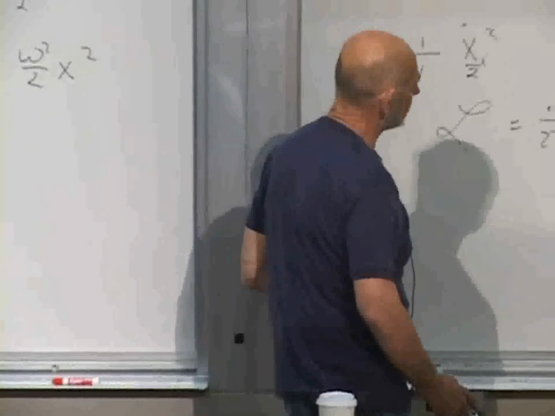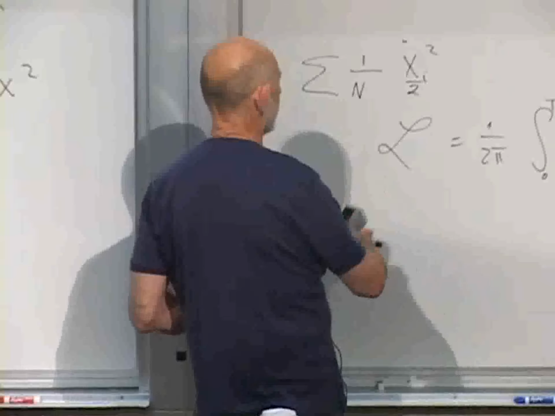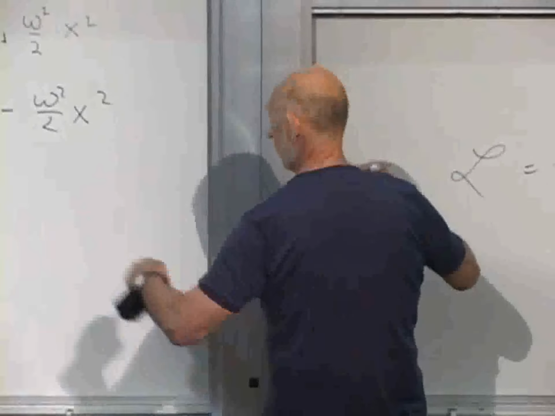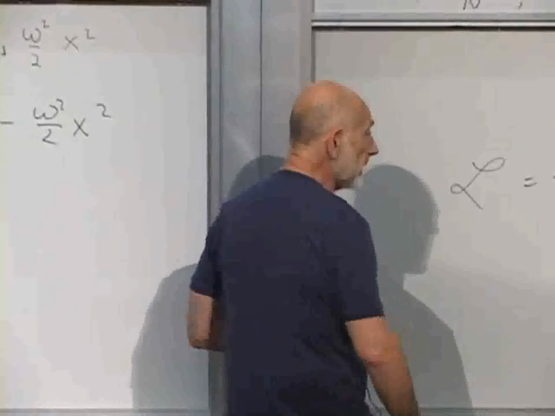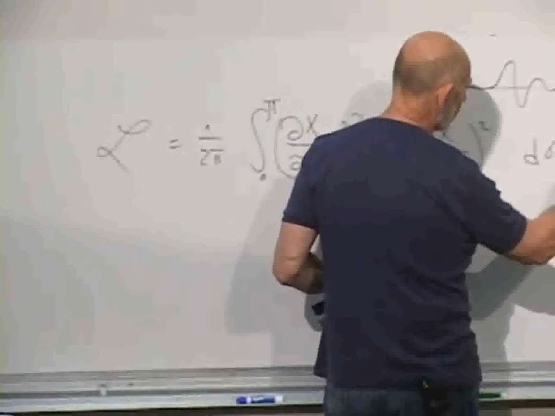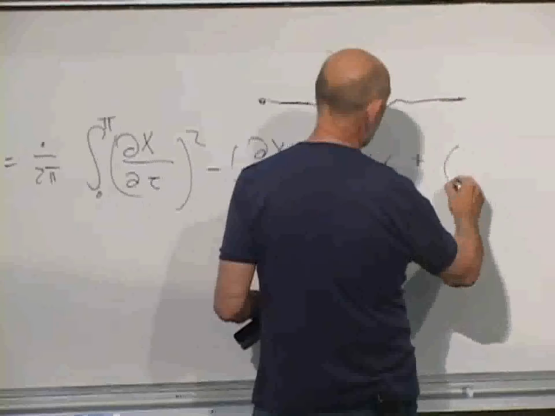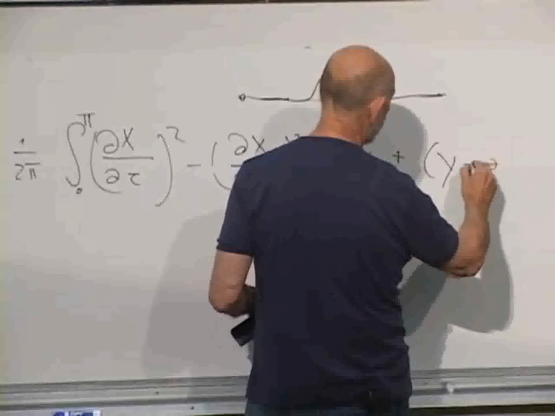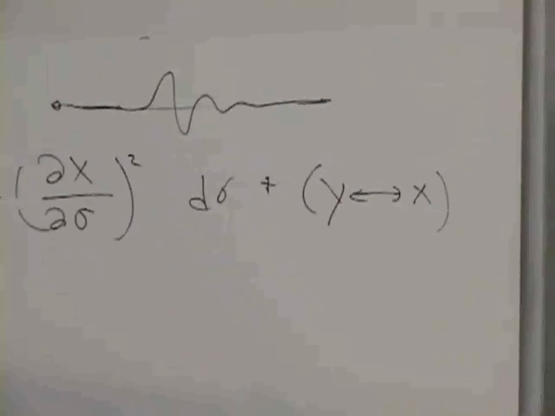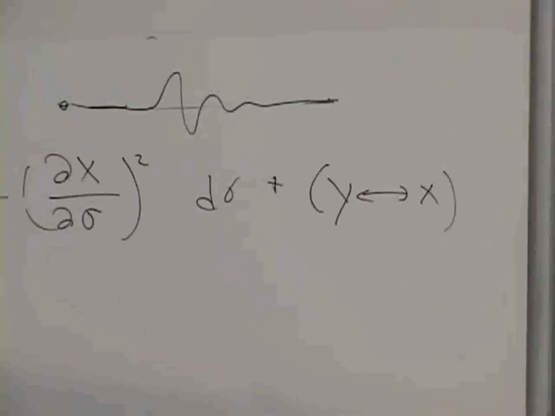Okay, let's leave this up on the blackboard here. But now we want to come to boundary conditions. We want to come to exactly this issue. Oh, incidentally, let me reiterate again. There's another term, and the other term is of the same form except with y replacing x. The motion of the string involves knowing both x and y as a function of sigma. A point on the string is labeled by an x and a y.